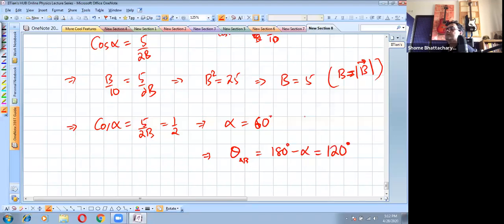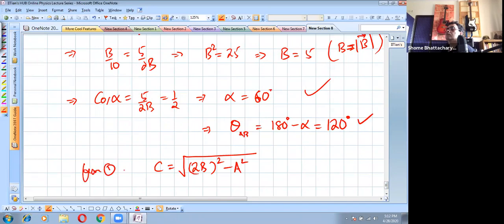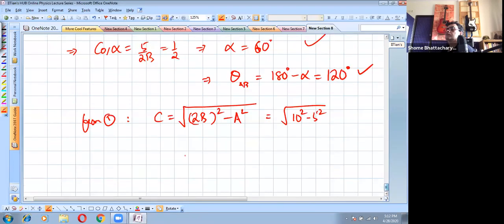Okay, so that is done, and we also have to find the magnitude of C. Now C, remember, was the square root of (2b) whole square minus a square. This was my equation 1. So from equation 1, C is equal to the square root of 10 square minus 5 square. So I've got my 3 numbers.